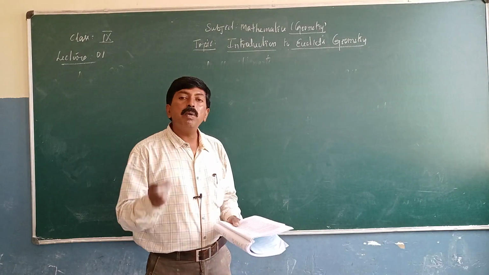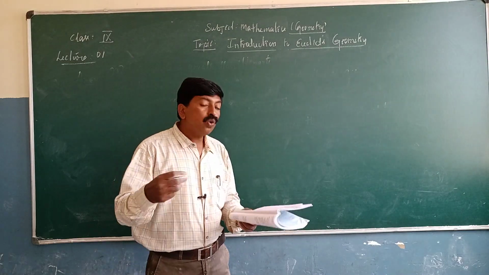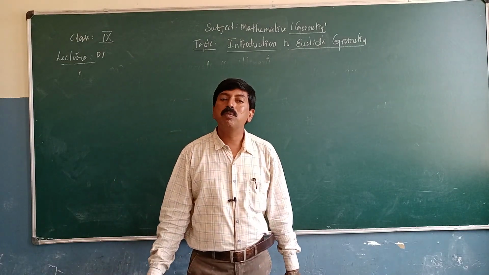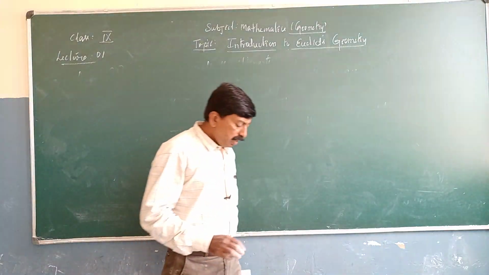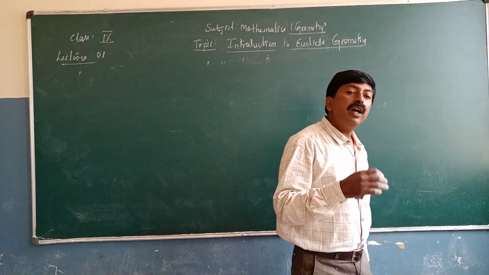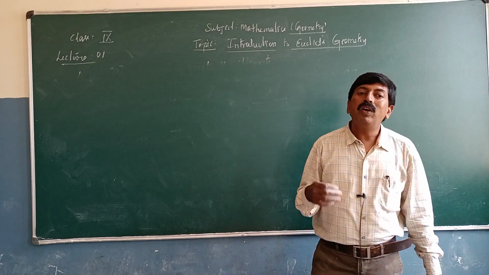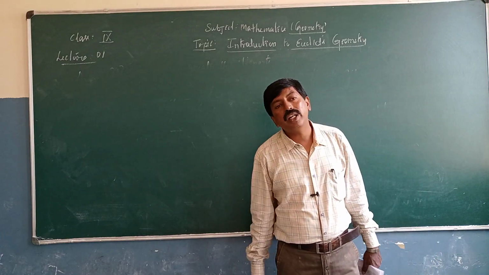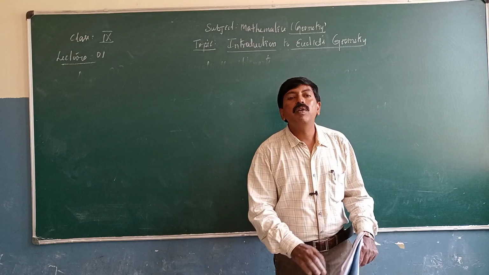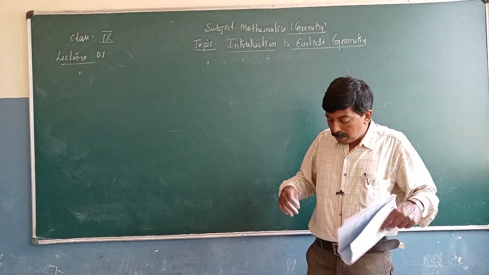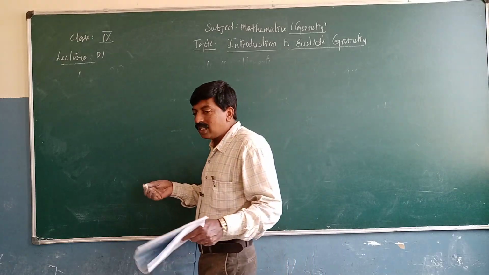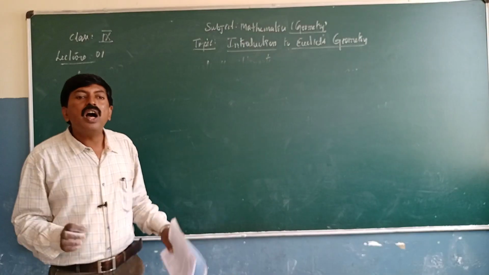And things which are double the same thing are equal to one another. This is multiplication. If two things are equal, you multiply, double or triple, whatever it may be, the same quantity on both sides, the value does not change. Not only double, you can multiply any quantity on both sides. Both sides means LHS and RHS.